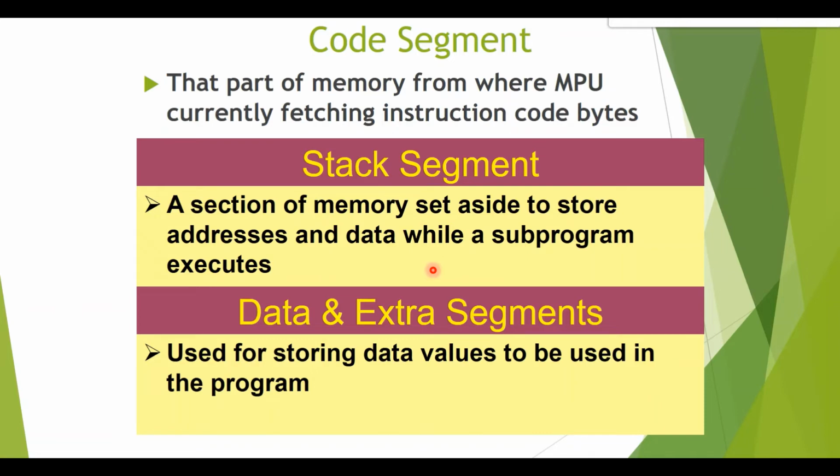This section of memory is used to store the addresses and the data when we execute any subprogram or subroutine. तो जब हम किसी भी सबरूटीन या सब प्रोग्राम को एग्जीक्यूट करेंगे तो वहाँ पर हमें जो एड्रेसेस और डाटा स्टोर करने हैं, तो दैट डाटा विल बी स्टोर्ड इन द stack segment.